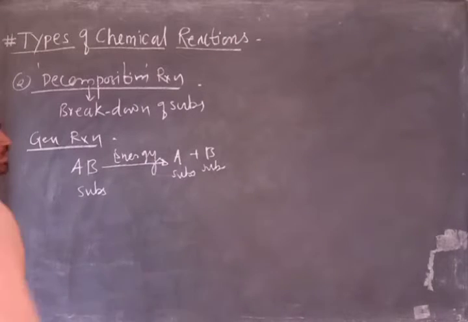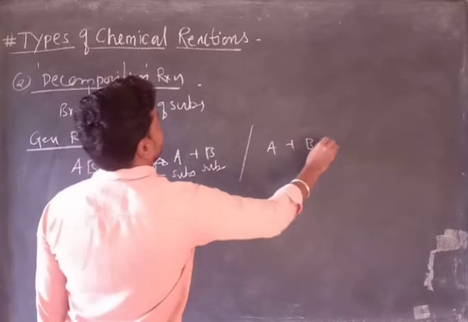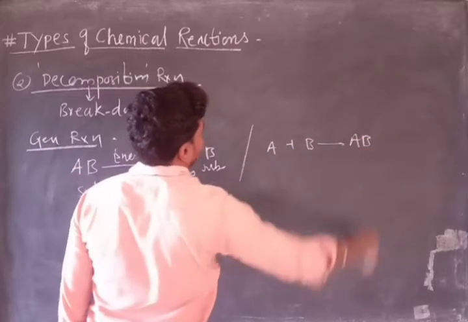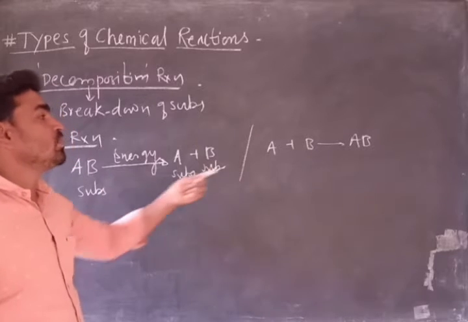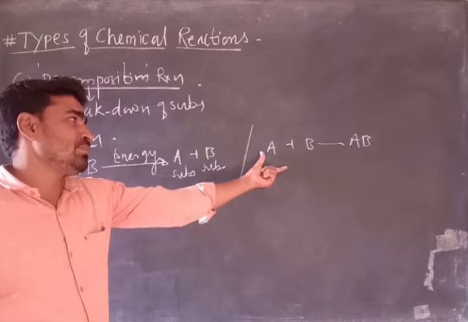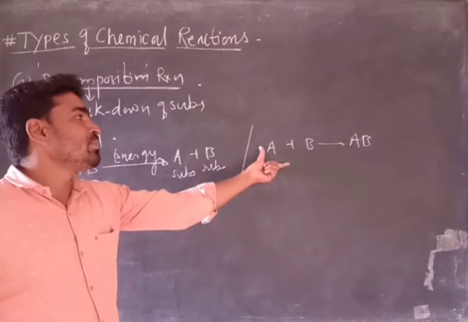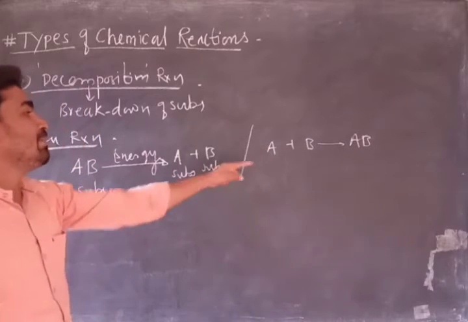Can you visualize, my dear friends? In addition reaction, we have written A plus B gives AB. Now this reaction looks exactly reverse or opposite of the combination reaction or addition reaction. This is the addition reaction, as we learned in the earlier first type of chemical reaction. And now this reaction is exactly opposite of that.